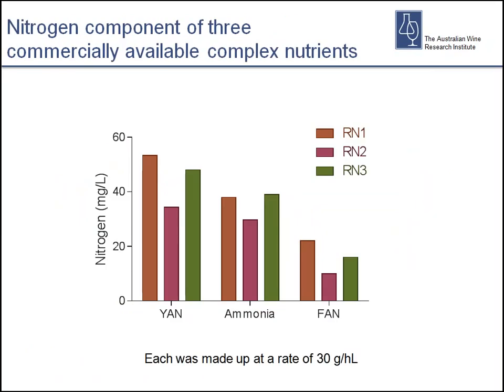So what is the nitrogen component being contributed from a standard addition of complex nutrients, for example? We looked again at 3 different common commercially available fermentation nutrient additives. Standard additions of these nutrients, through 30 grams per hectolitre, contributed between 30 and 50 mg per litre of nitrogen as YAN, the majority of which is in the form of ammonia.